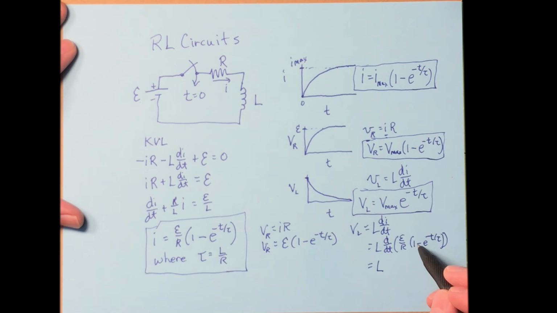L times the derivative, the first term is going to be 0. The second term is going to be e to the negative t over tau. That negative sign is canceled when I take the derivative. I'm going to have a negative sign here, multiplied by the derivative of what's up here, which is just going to be 1 over tau, like that.